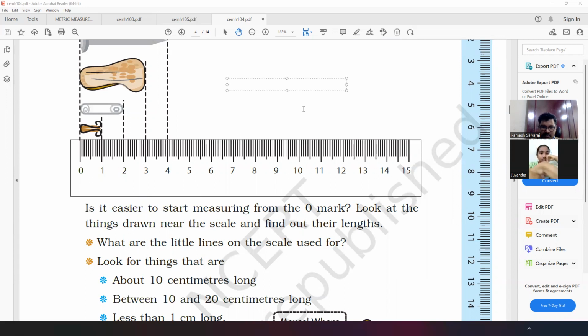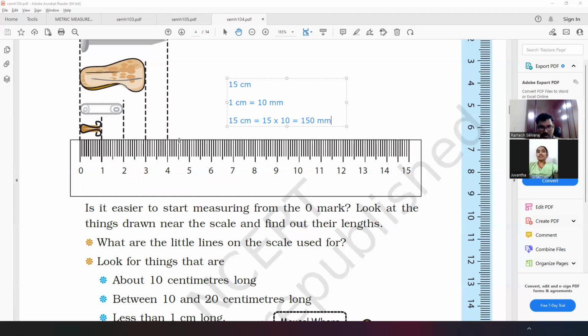There are 15 centimeter in total. 1 centimeter is 10 mm, right? So 15 centimeter is equal to 15 into 10, equal to 150 mm, right?